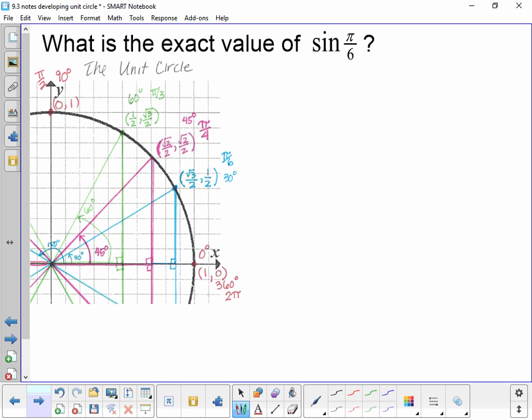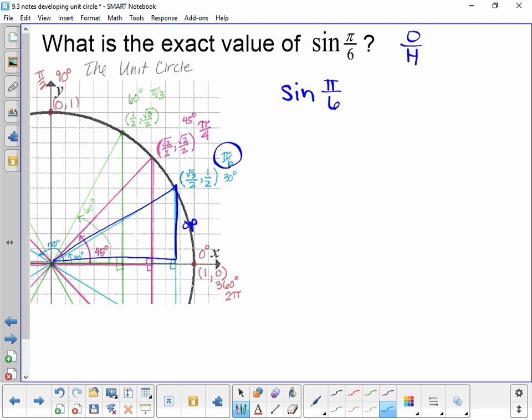Let's look at another sine. This one is the sine of pi over 6. So this is in radians. Well, pi over 6 happens to be this angle. It's the same as 30 degrees. Pi over 6 is right here in quadrant 1. So if I want to know the sine of pi over 6, well, sine is the same as opposite over hypotenuse. We're using this reference angle to help us.